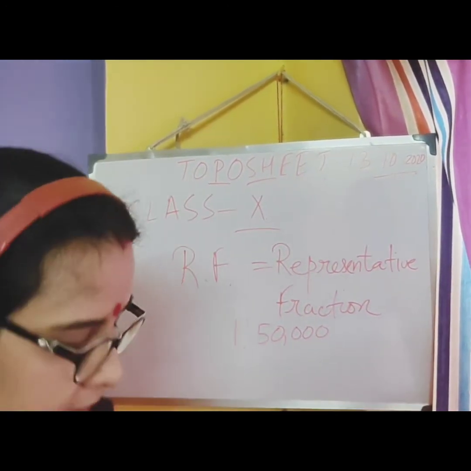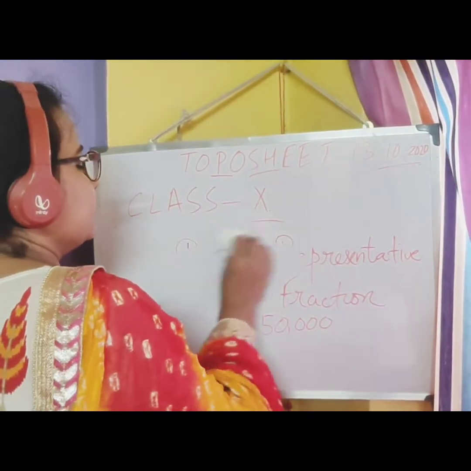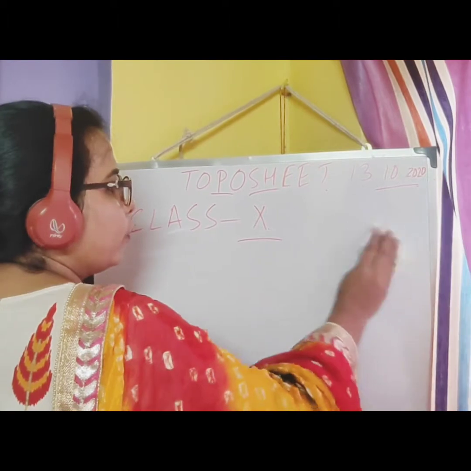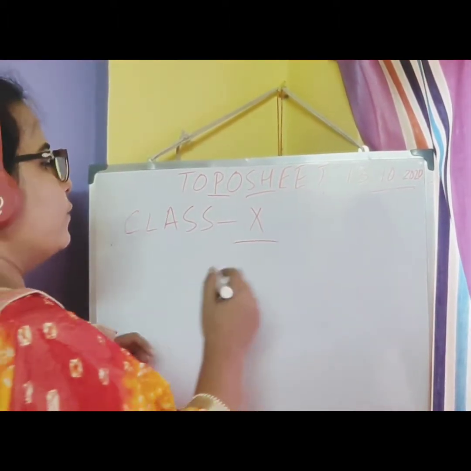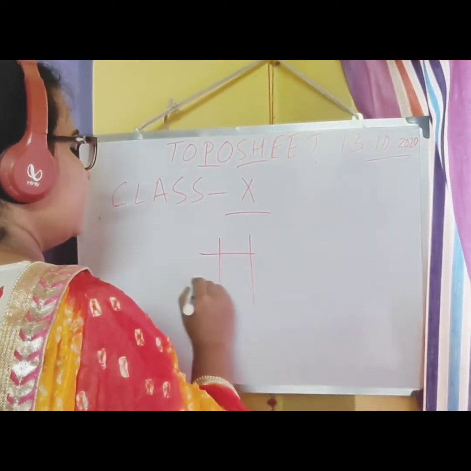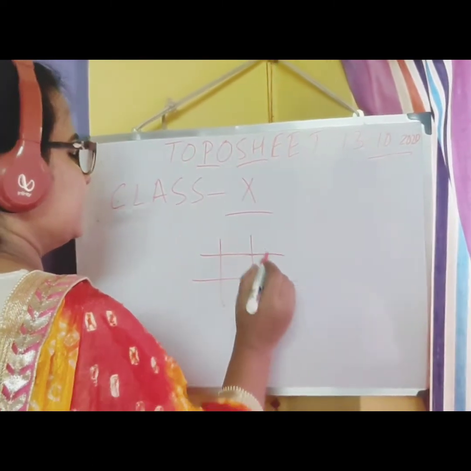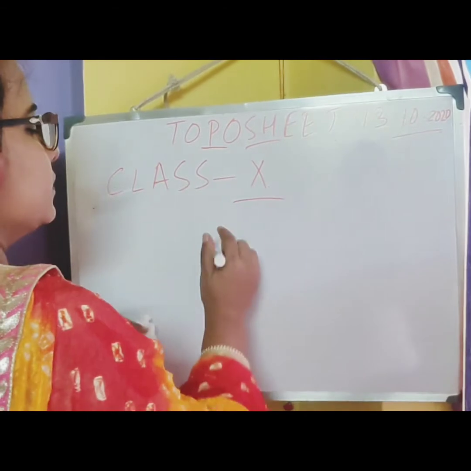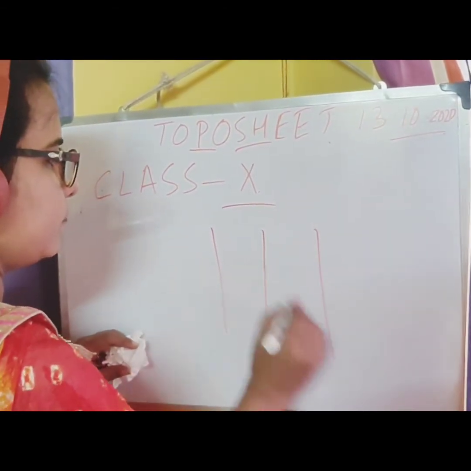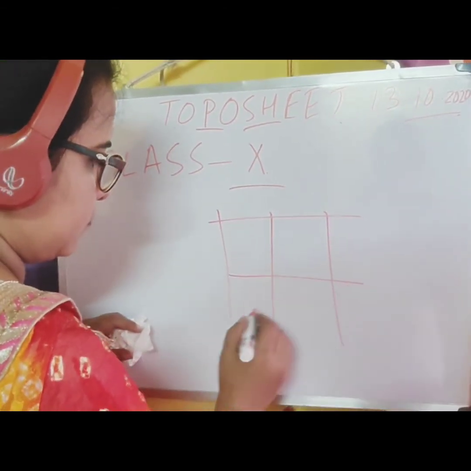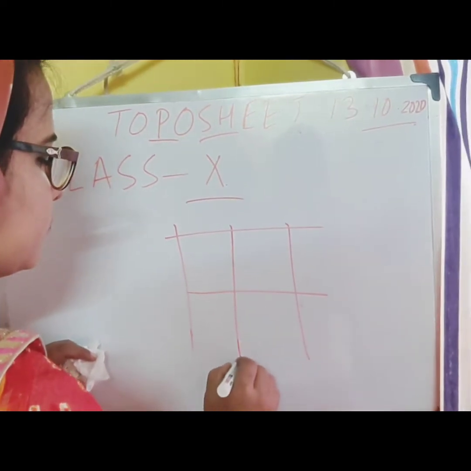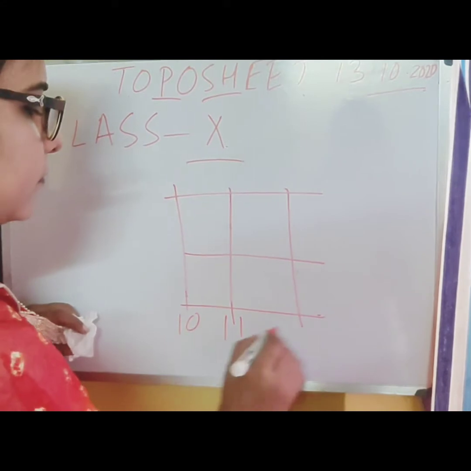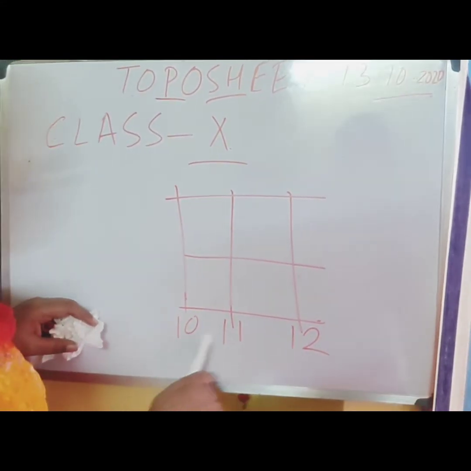Okay. Third important type of question you can get: give the 4-figure grid reference of, suppose there is a settlement here. Okay, it will be almost a square. For example, what are these lines? 10, 11, 12.